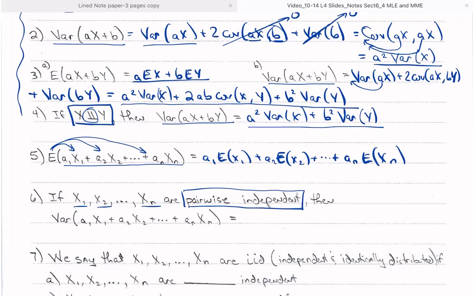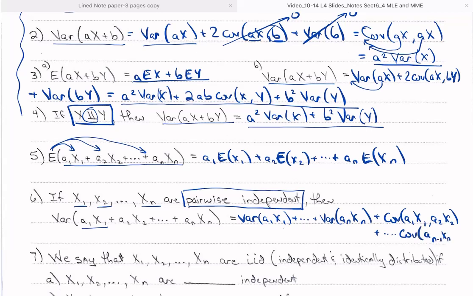Okay, so I have a1, x1. Well, when they're pairwise independent, if you remember, the variance would turn out to be the variance of a1 x1 plus the variance of a2 x2 plus the variance of an xn, plus the covariance of a1 x1, a2 x2, and all these possible pairs of covariance, up to the covariance of a n minus 1 xn minus 1, an xn.